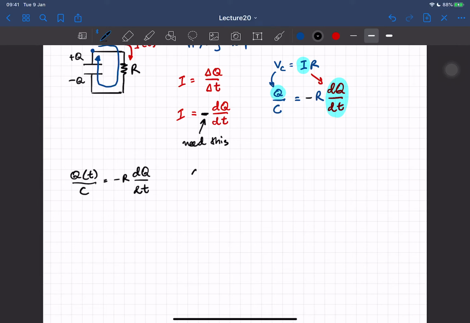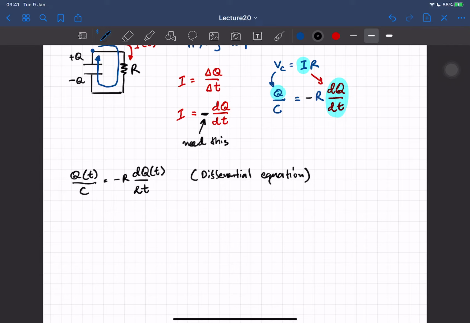Okay, so this is what we call a differential equation. Essentially it's an equation that involves the derivative of a function, and our goal is to find the function that solves this equation. It's unlike a normal equation where you find the value of the variables.